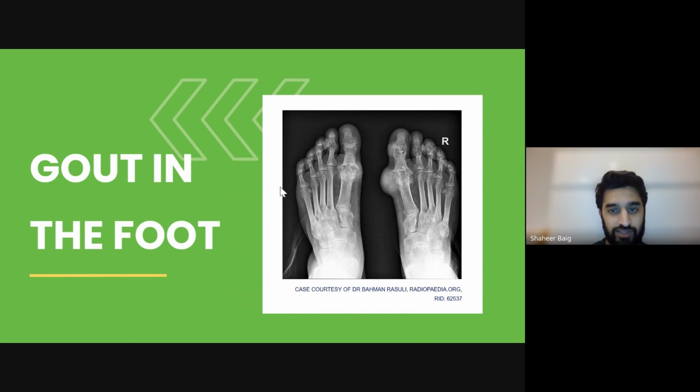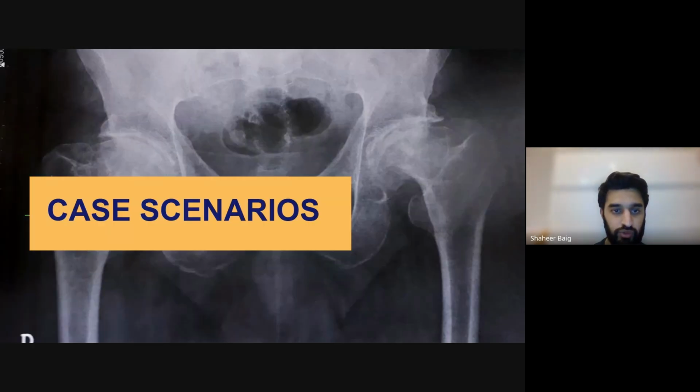This is quite an extensive and severe case, but usually affecting the first metatarsophalangeal joint, as well as the interphalangeal joint, and generally speaking, gout demonstrates joint space loss, these punched out subarticular erosions, and these dense gouty tophi overlying the joints, which are a classic hallmark of gout.